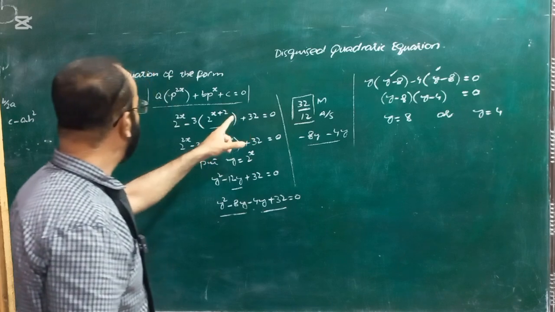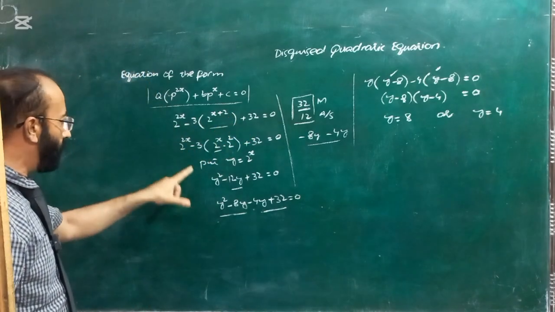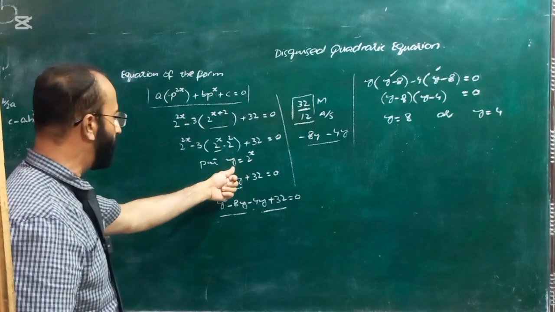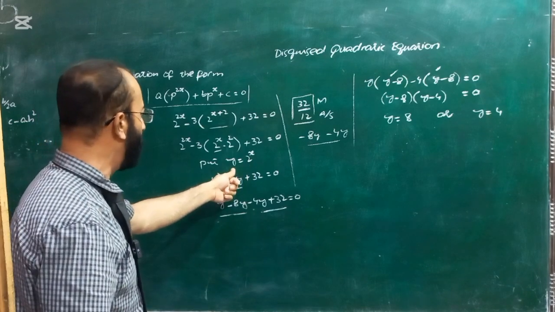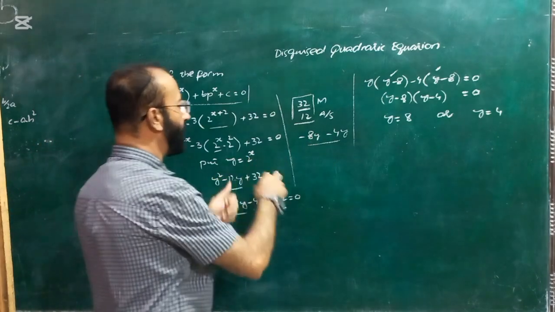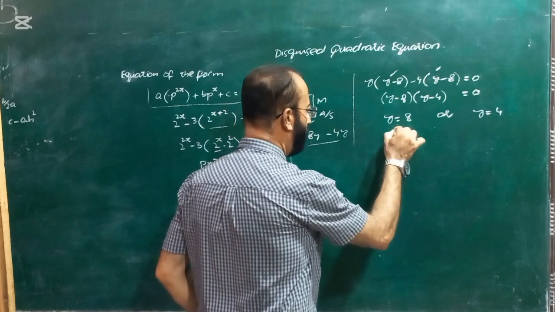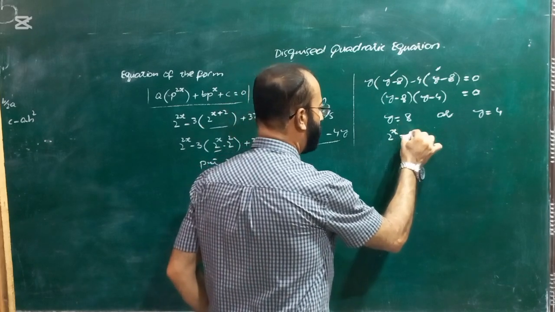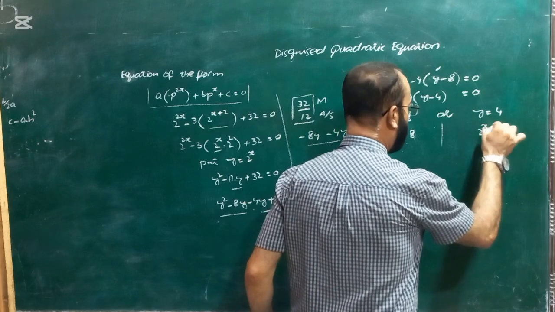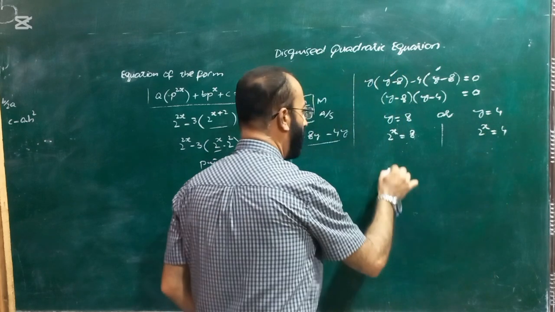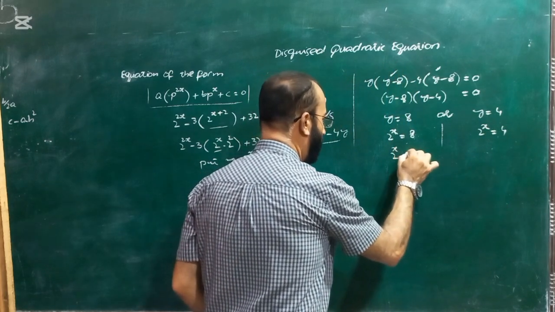But the original equation was in x, so we are going to replace the values because we have placed y is equal to 2 raised to power x. So in place of y, 2 raised to power x will be replaced. So this is the thing now. From here you can see 2 raised to power x will remain as it is.